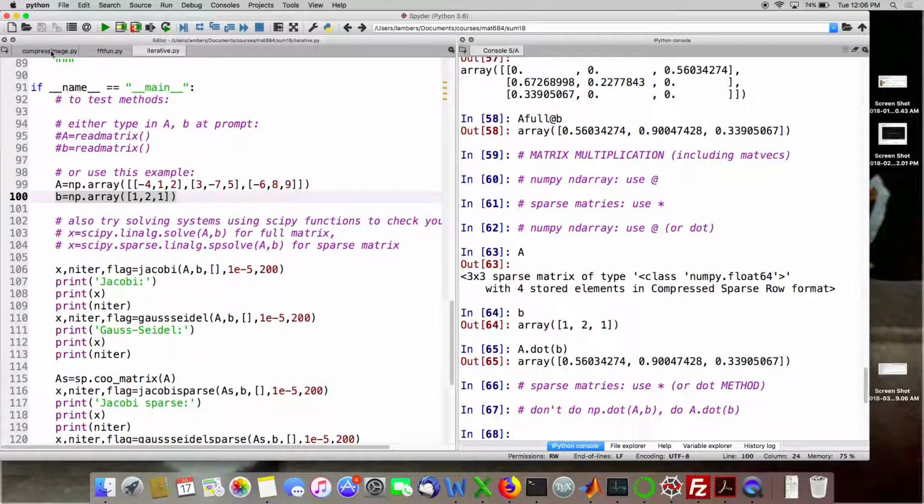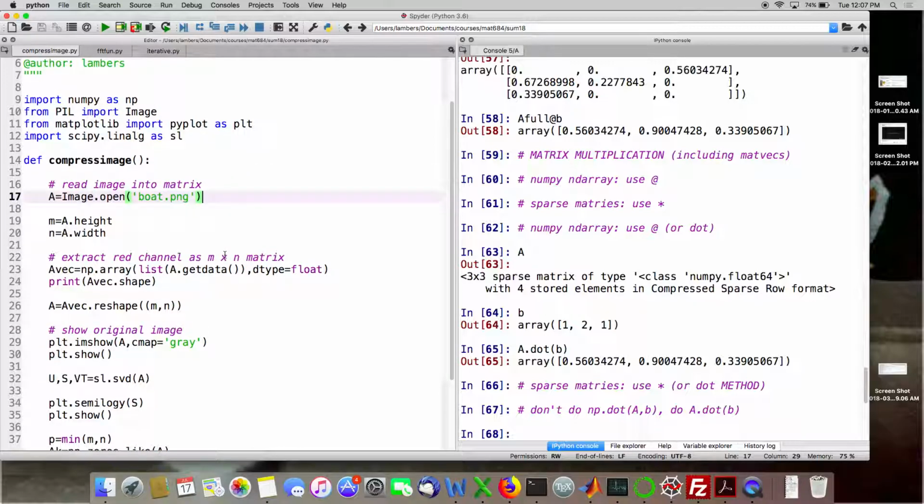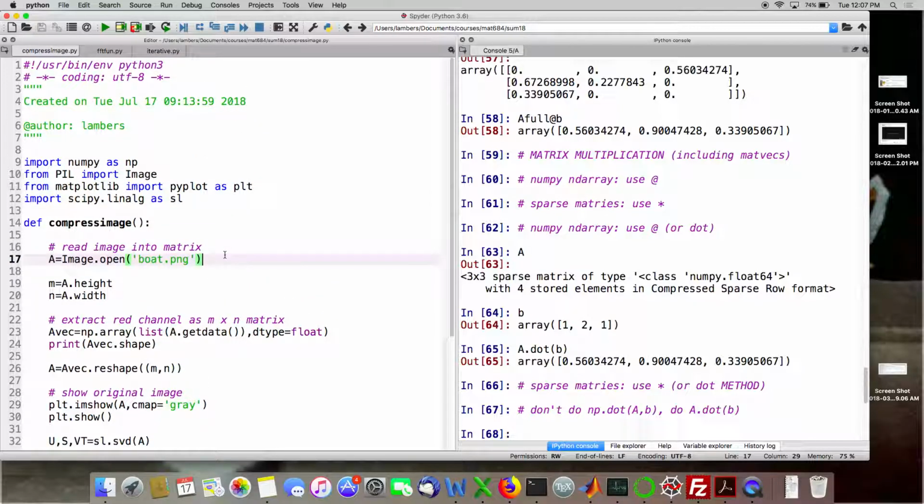Okay, now, last time we had class here, I did something involving images. So I'm going to do something else involving images, and this has to deal with compression of images.